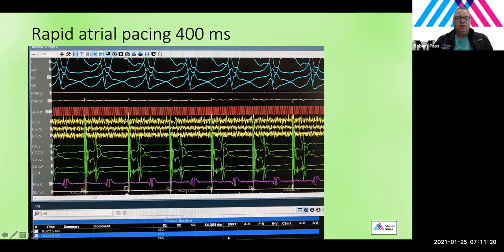Now, at this point in the case, we have not put in a high RA catheter or a His catheter because it seems pretty clear that the pathway is left-sided. And a number of years ago, we wrote a paper showing that for left-sided pathways, it wasn't always necessary to have a His catheter. And so at this point, we tried to proceed without a His.